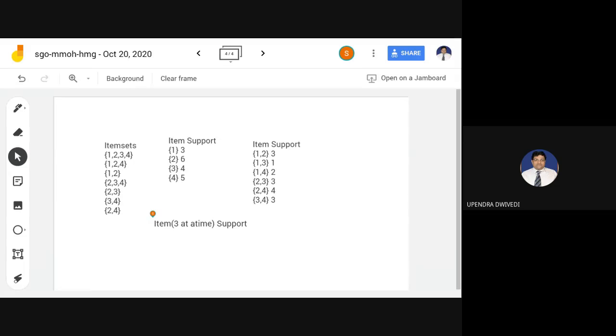Just write the triplet at a time. Okay, Sakshi is trying to access the Jamboard, and till then other students can use the chat box and write the triplet at a time.